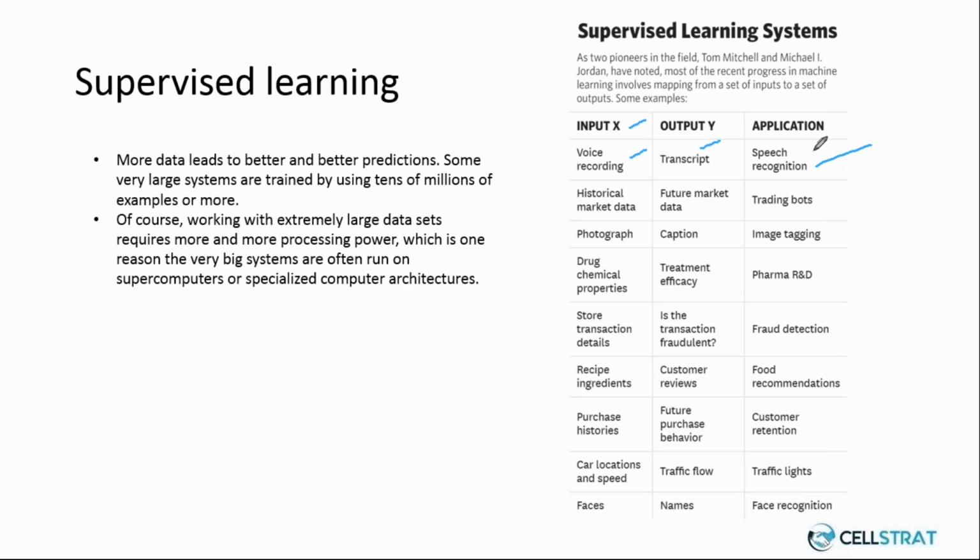I can train a trading bot using historical stock market data and the corresponding future stock market data, which can automatically predict future market prices for shares and stocks. Using historical photographs and corresponding captions, I can train an image tagging application just like Facebook does.